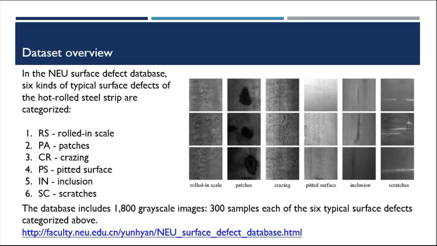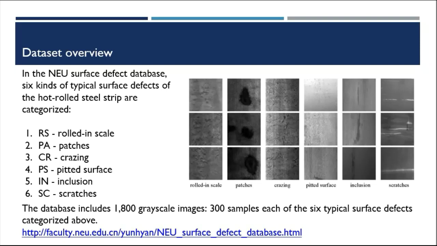The steel surface defect dataset is available online at the Northeastern University NEU database at the provided link. The NEU dataset contains 1800 grayscale images. A few samples are shown in the figure below. Each image is 200 by 200 pixels.